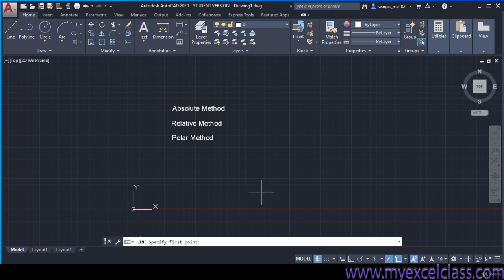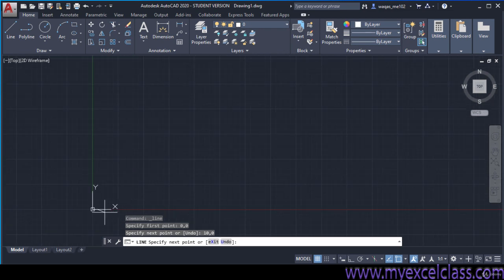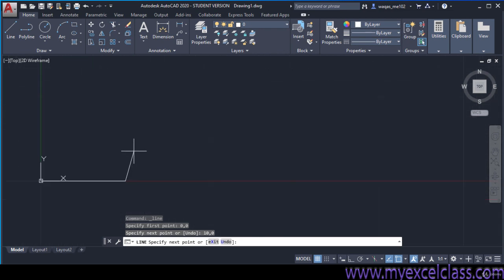So this one is 0, 0. As I mentioned, I want a rectangle having x-axis 10 and y-axis 5. So the next coordinate will be 10, 0. And the next coordinate will be 10, 5.